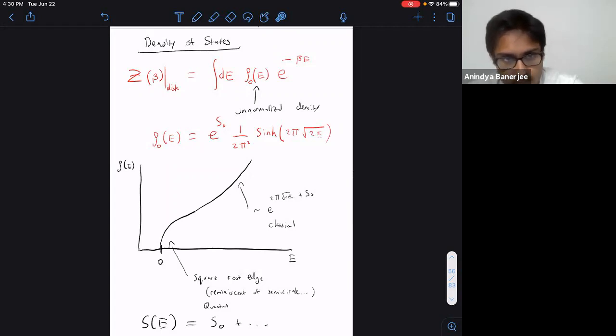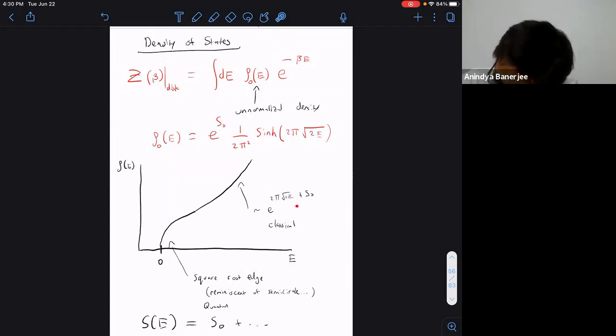So this density of states of JT gravity has some interesting features. Let's look first at high energies. At high energies, the density of states goes as e to the 2 pi square root of 2E plus S naught. Just because the partition function was multiplied by this factor e to the S naught, this just comes along for the ride.